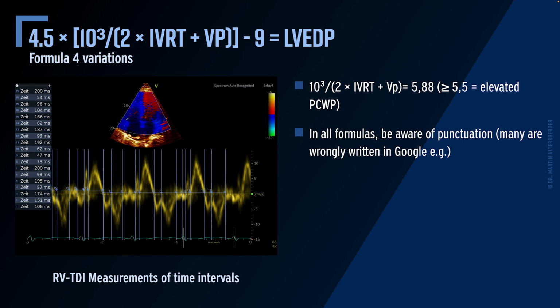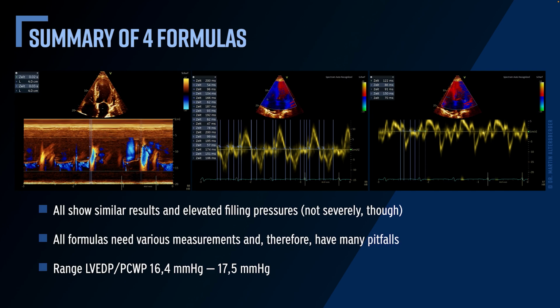But continuing with other measurements, we also have this formula, and also in this formula, we see it displayed over here. The PCWP, so the pulmonary capillary wedge pressure, is elevated. Now I want to continue and summarize some of the formulas we have seen. So in this patient, we can immediately agree that filling pressures must be elevated.